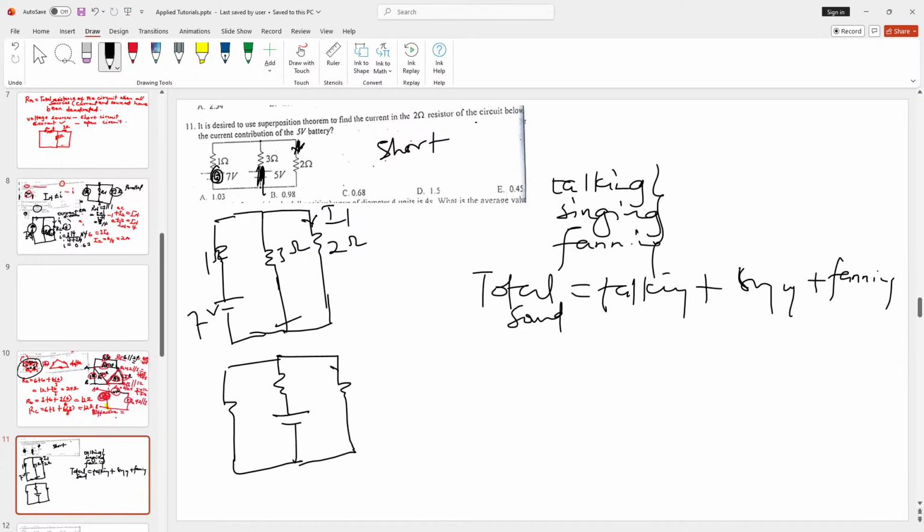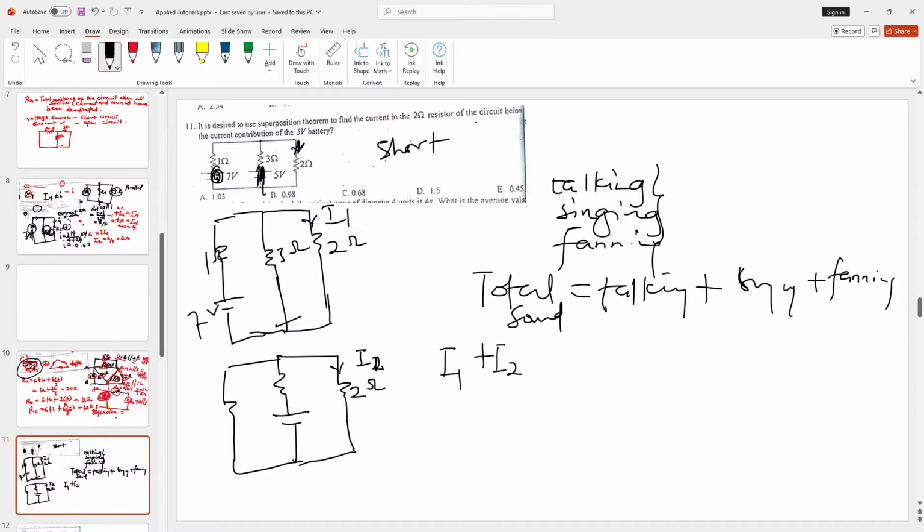And once again, we are going to find the current, let's call it I2, passing through this 2 ohm resistor here. Now, after we are done, we are going to do I1 plus I2. That is going to be the total current passing through the 2 ohm resistor when both of them are acting together.